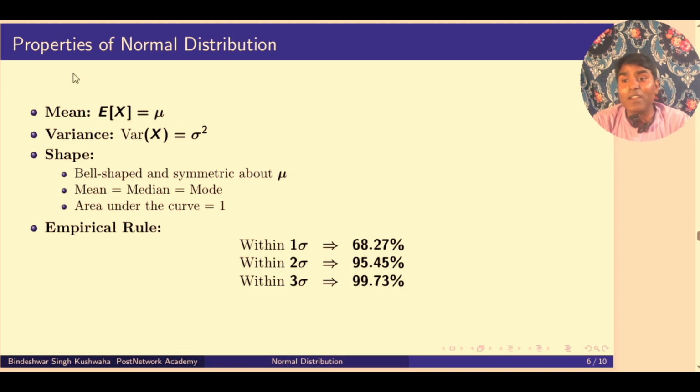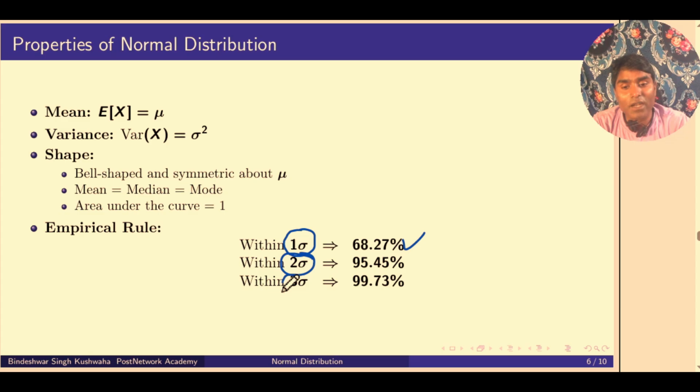And the empirical rule, see that here. I will show: 68.27% will fall within one standard deviation area, 95.45% within two standard deviation area, and within three standard deviation area 99.73%. See the curve, thereafter everything would be clear.